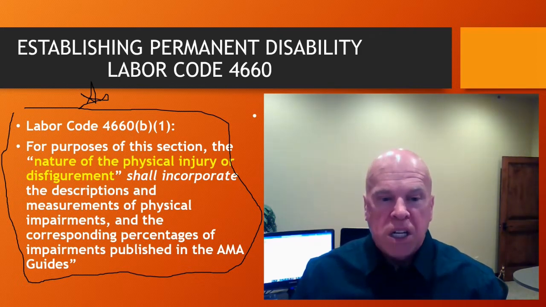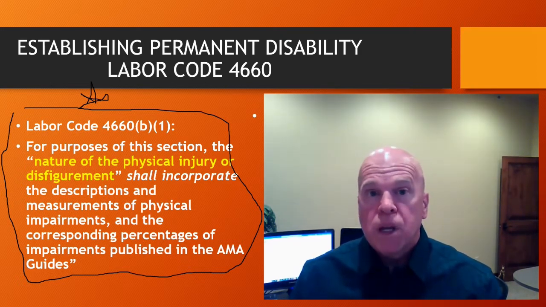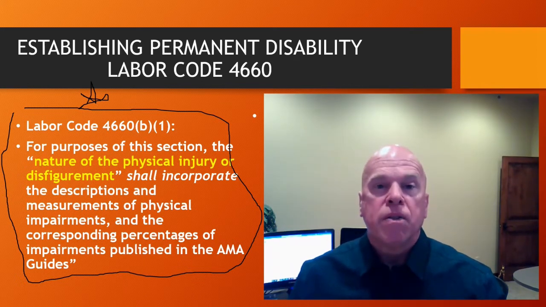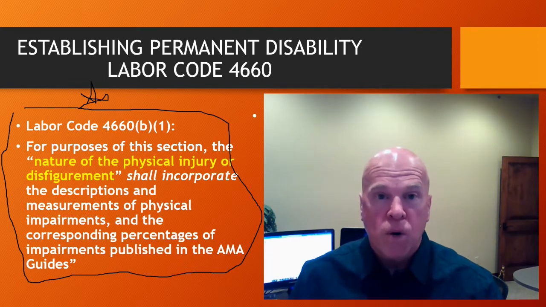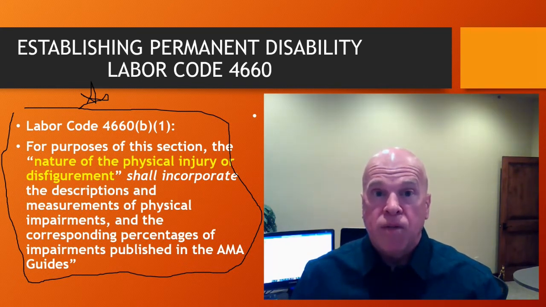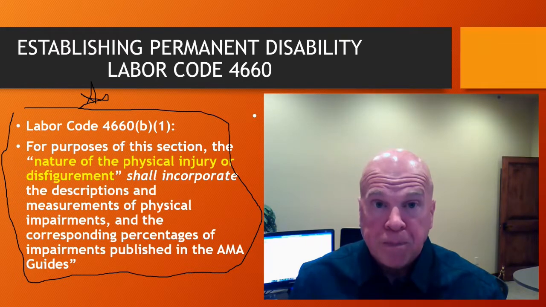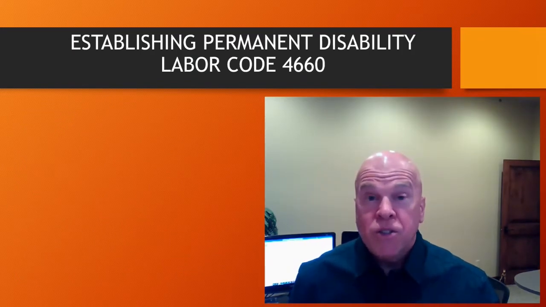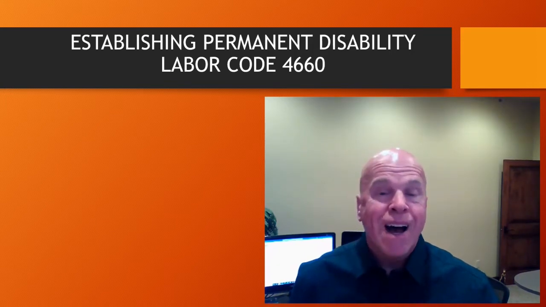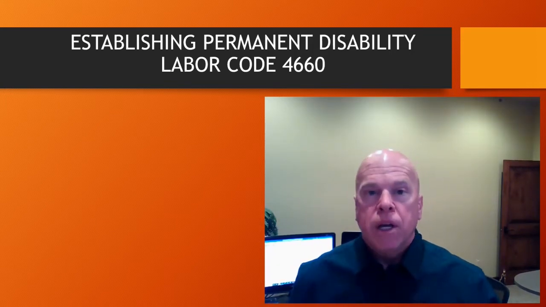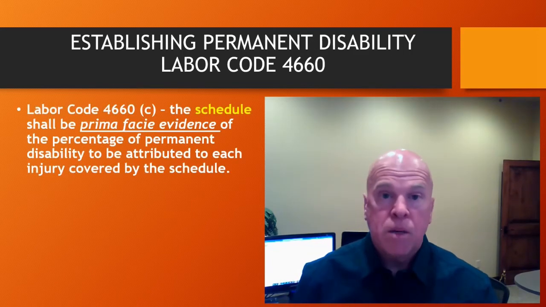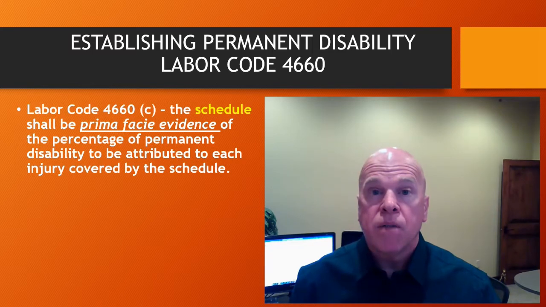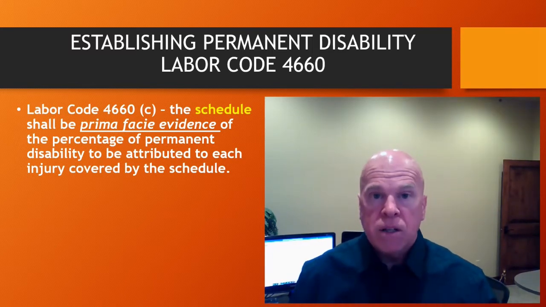But let's just see where can we go, at least under the conservative descriptions of impairments provided for under Labor Code 4660, as provided for by existing law. So existing law under Labor Code 4660 paints us into a pretty tight conservative corner in describing our examinee's permanent impairment. And that was intended by design, and that was the intent of the legislature who enacted this new schedule back in 2004.